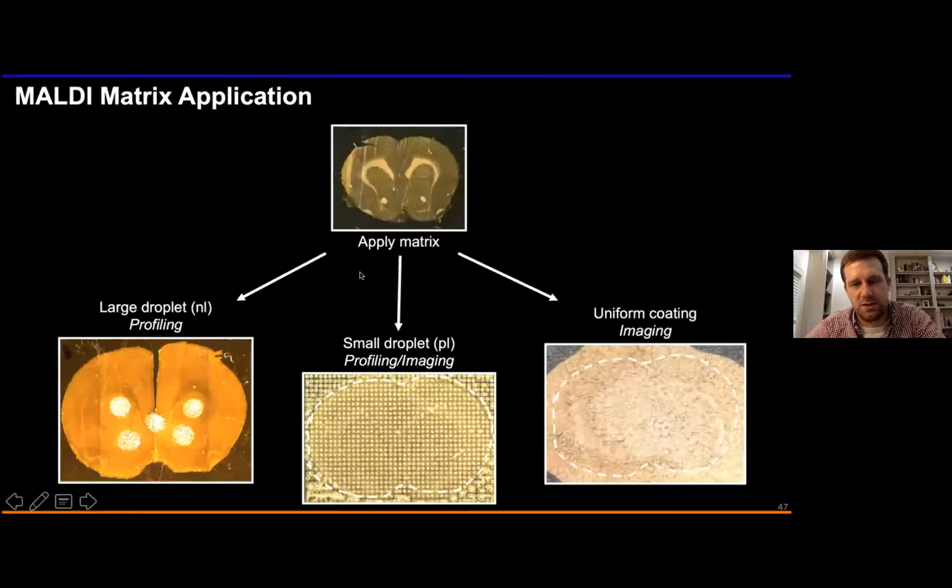So again, this is a balance between enough solvent to encourage extraction, but not so much as to facilitate delocalization. There's a few different ways that we can apply the matrix. We can do this with basically manual pipette technology using a simple pipetter. This results in very large matrix spots, and is useful for some of those profiling experiments that I mentioned earlier. But if we want to do true imaging, we need to apply smaller droplets, such as you see here in the middle, or true homogeneous coatings across the tissue surface.